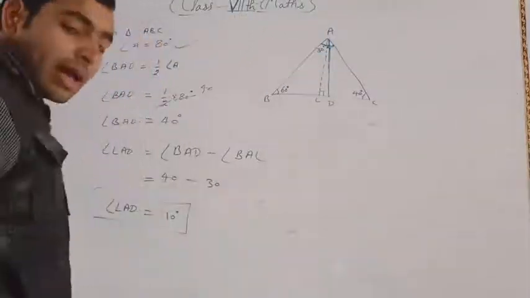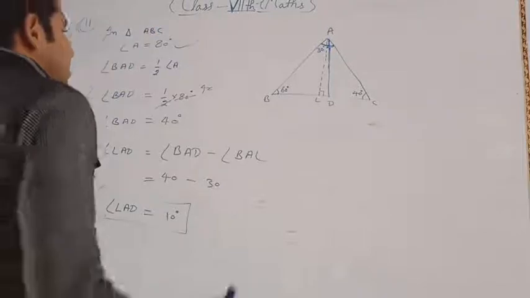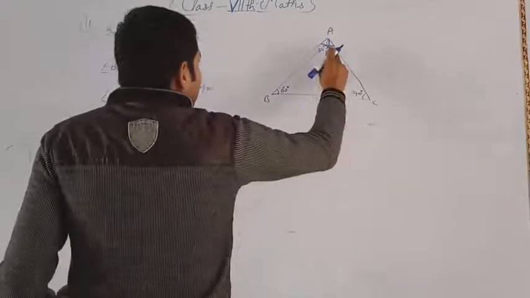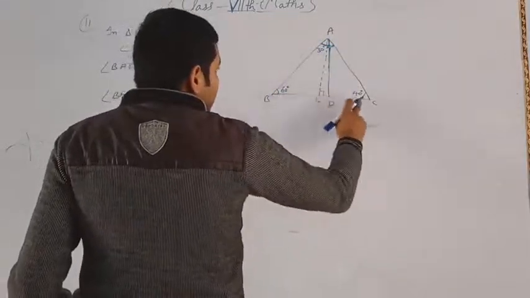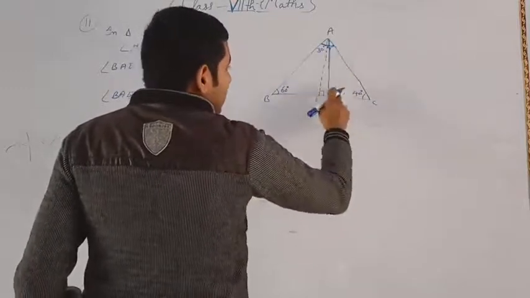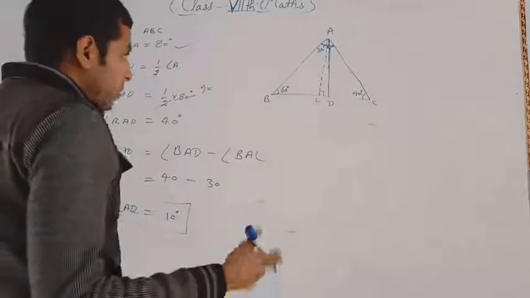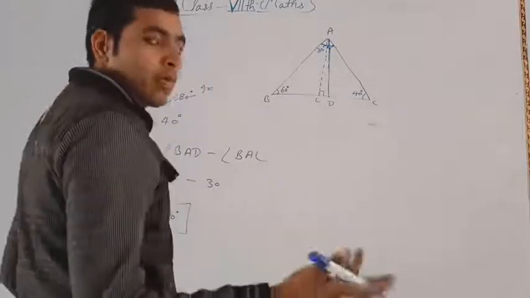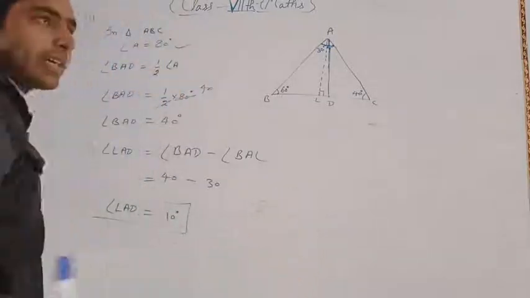Also, if we use the property of triangle, then 40 degrees, 60 degrees, 80 degrees, and if we sum these angles, we find 180 degrees, which is the property of any triangle.